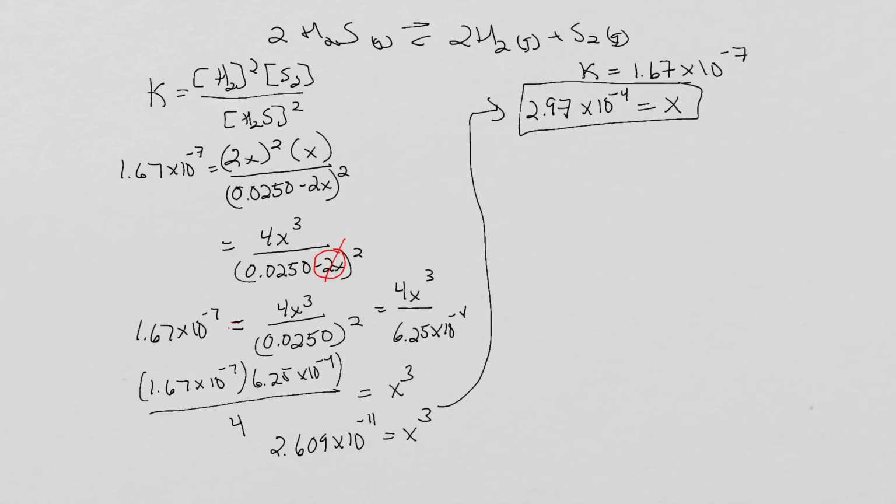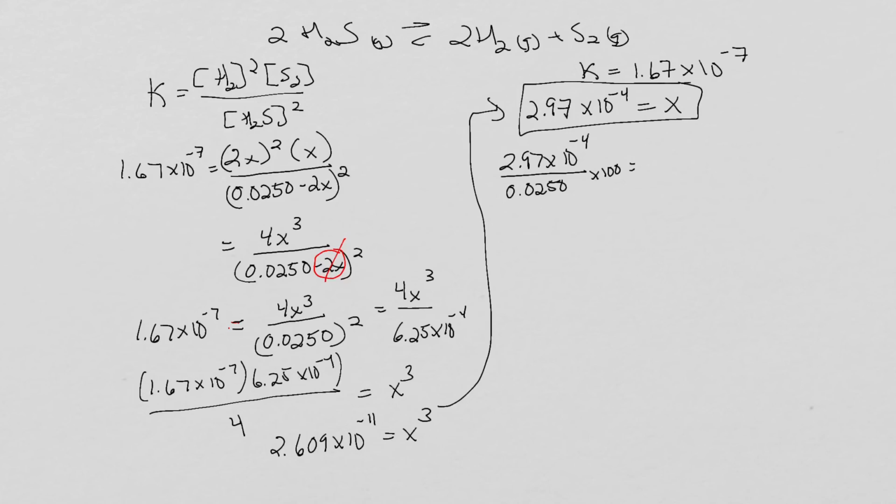But before we go about actually solving for our concentrations, let's see if this approximation is valid here. So remember, the way we do that is we take our approximated value of x using this approximation. So that's 2.97 times 10 to the minus 4, divided by our initial concentration, which was 0.0250, and times that by 100 to put it in terms of a percentage.